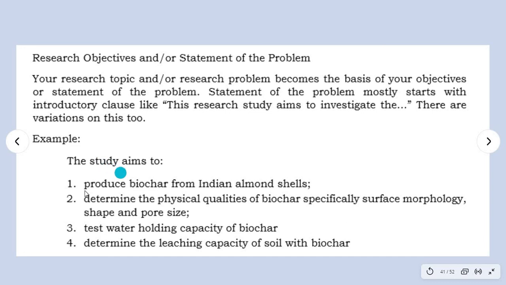So you would really be looking at the first words that you are going to use here, your verbs: produce, determine, test, determine. So use these clear and observable words. Good. Do not use words like understand, learn, reflect on, because it is difficult to observe. Learn is not observable, so how are you going to understand?